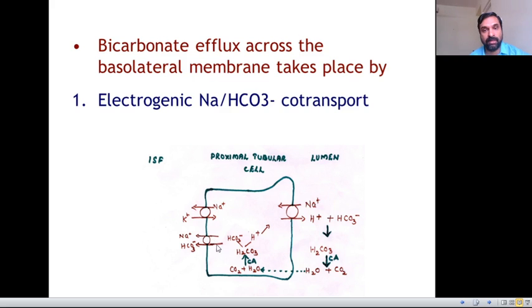In the basolateral membrane there is sodium bicarbonate co-transport, and an exchanger also takes place in some part of renal tubule, that is chloride bicarbonate exchanger. So there are two mechanisms of bicarbonate entry into interstitial fluid. One is sodium bicarbonate co-transport. Other one is chloride bicarbonate exchanger.